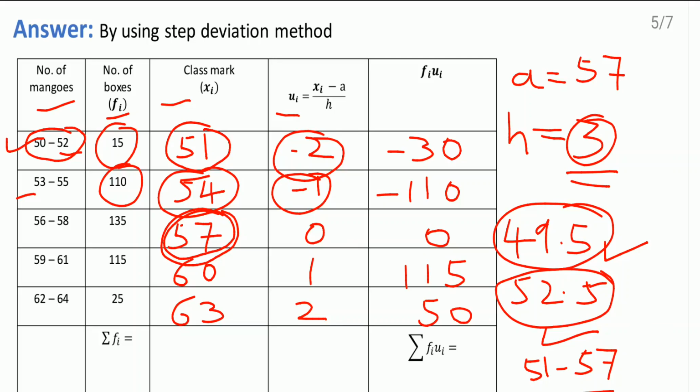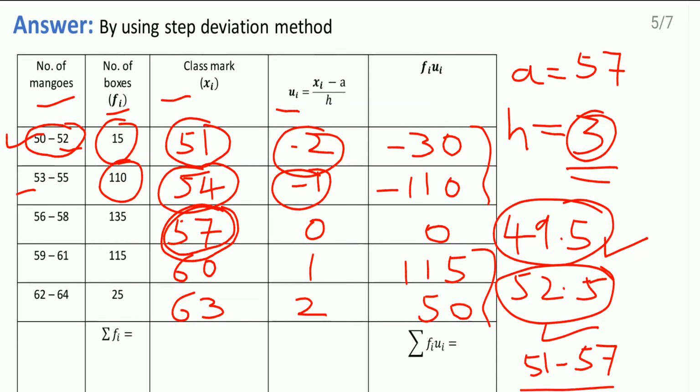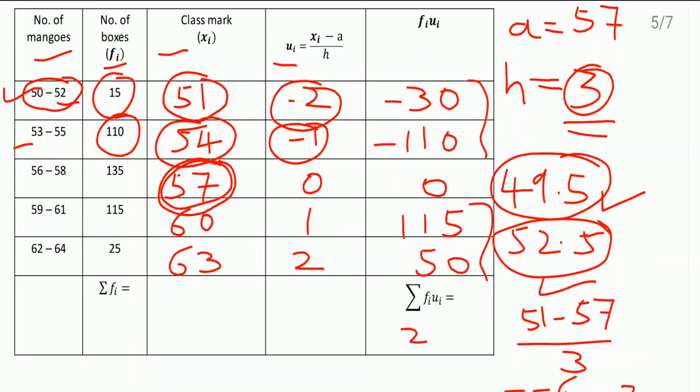Correct? Now you see here, the addition of these two numbers is minus 140 and addition of this number is plus 165. So if you do the addition, we get the answer as 25. So sum of the last column is 25. And here sum of fi, number of boxes, the addition of the second column is 400.